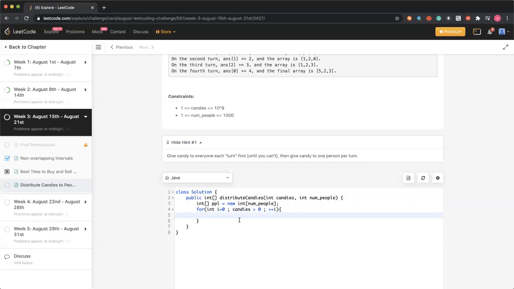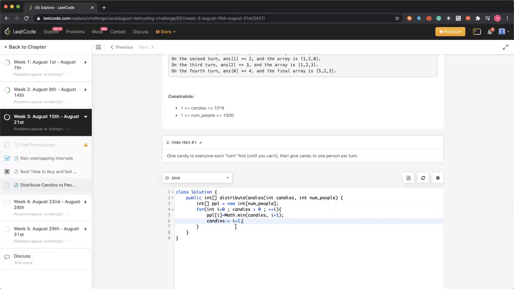I'll be accessing the people array at index i, and it is nothing but Math.min of candies comma i plus 1. I'll tell you why I'm doing it this way.